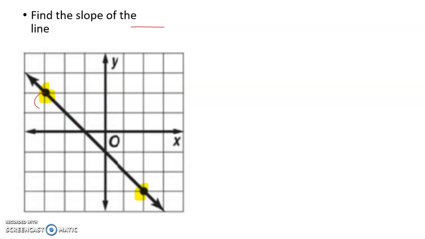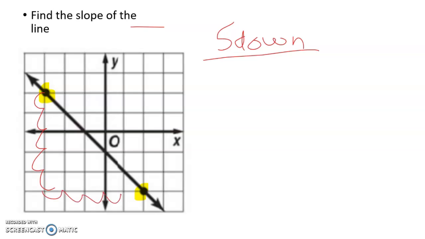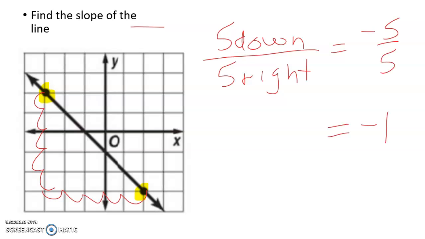I am going 1, 2, 3, 4, 5 down. Down is a negative word. 1, 2, 3, 4, 5 right. That is equal to -5/5, which is equal to -1.